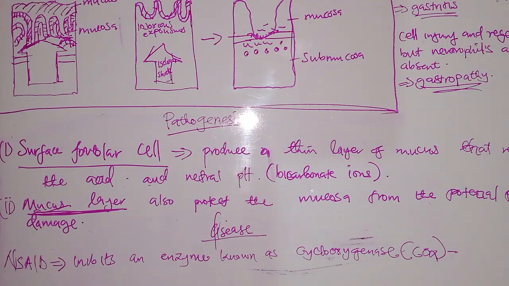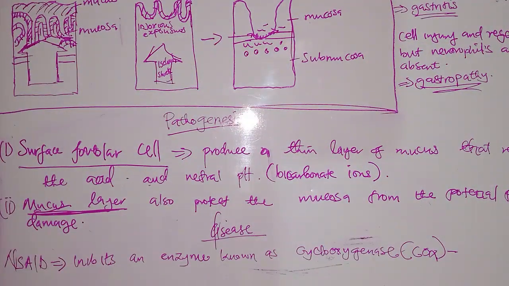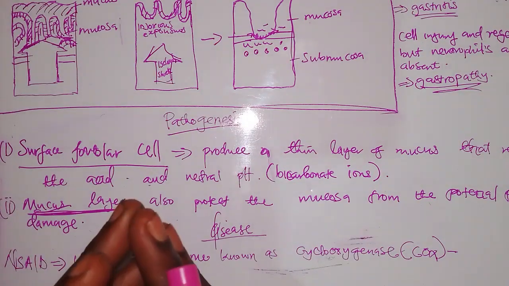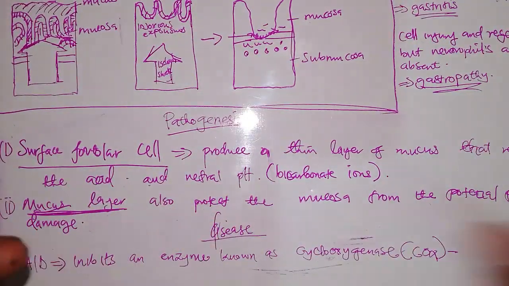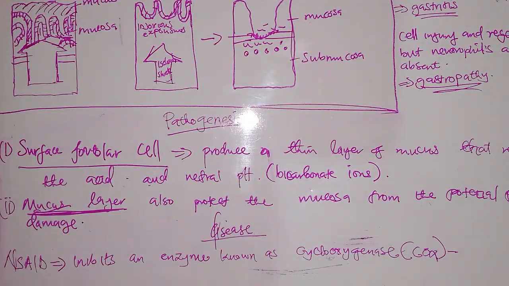And we know that the function of these prostaglandins is to stimulate the production of mucus and bicarbonate. So if mucus and bicarbonate are not produced, the surface foveolar cells won't be protected. Therefore, they will be digested or destroyed by the acid, causing an ulcer. So that's the first cause.